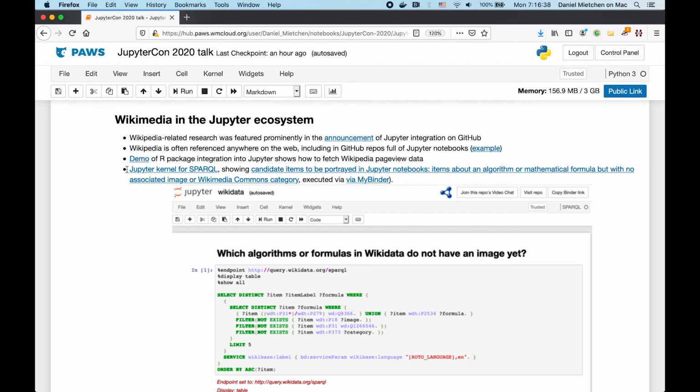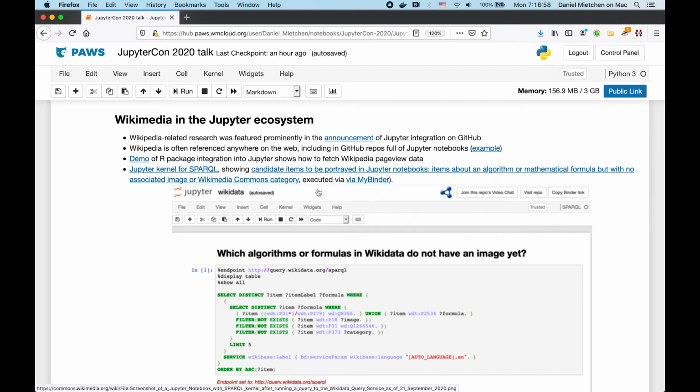So here we have an example. Jupyter has lots of kernels for different languages, mostly programming languages, but also query languages. So here's SPARQL, and we can use this SPARQL kernel to actually run a SPARQL query that gives us Wikidata topics for which we essentially don't have images.